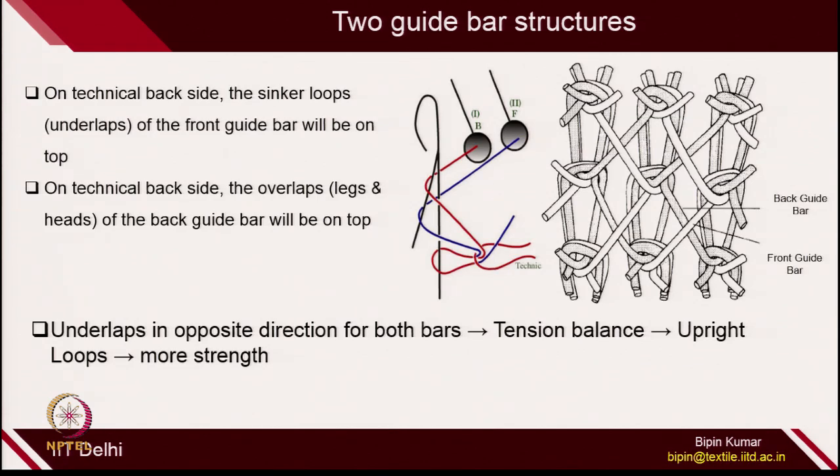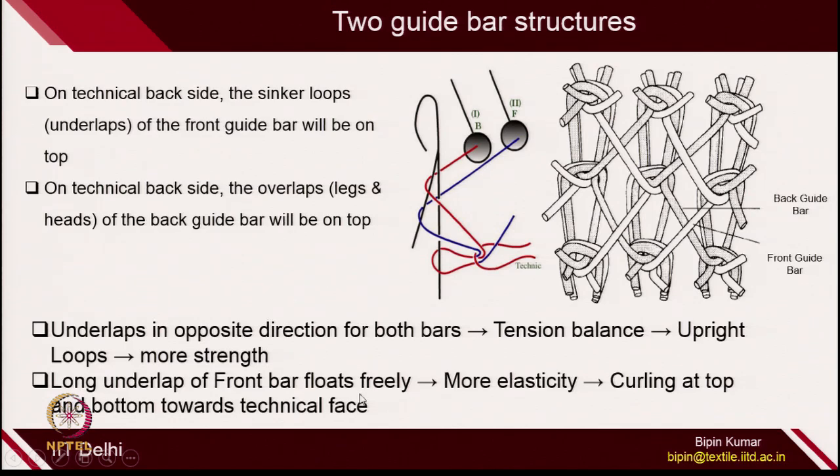The second aspect is long underlap. If you have a long underlap of the front bar, then it can float on the technical back side, due to which you will get more elasticity of the structure and there will be curling on the top and bottom side of the fabric towards the technical face.